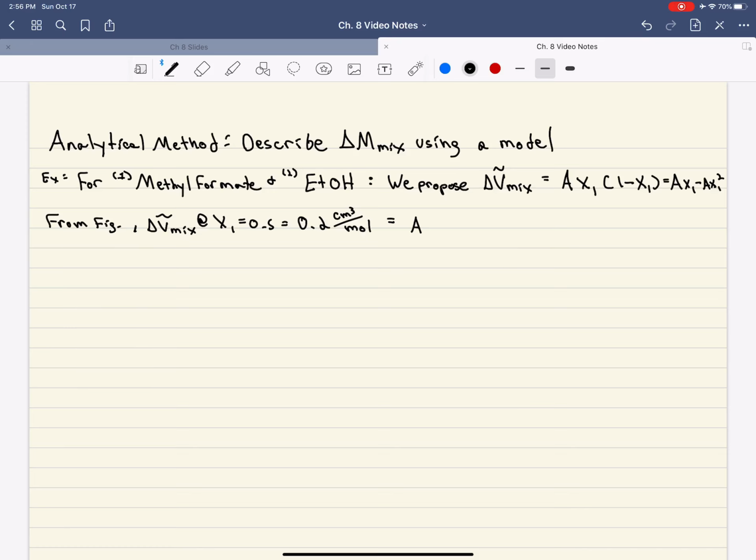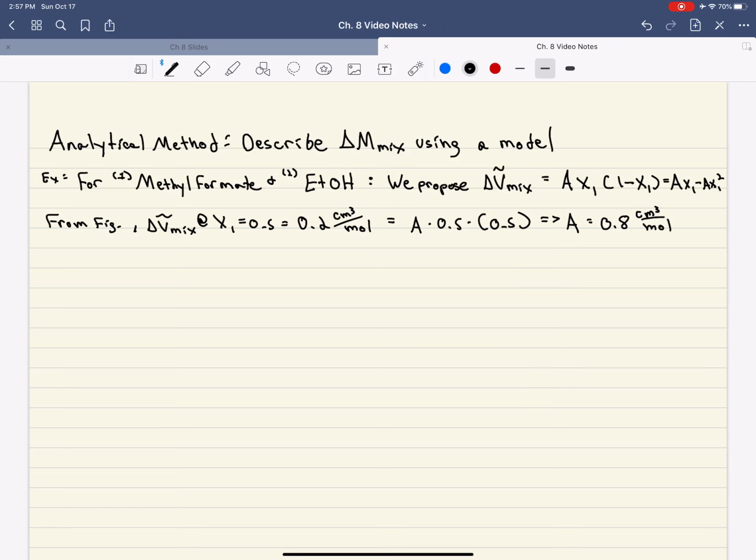So A times 0.5 times 1 minus 0.5, which is also 0.5. So we have all those values. Our only unknown is A. Therefore, we estimate that our A parameter is 0.8 centimeter cubed per mole.